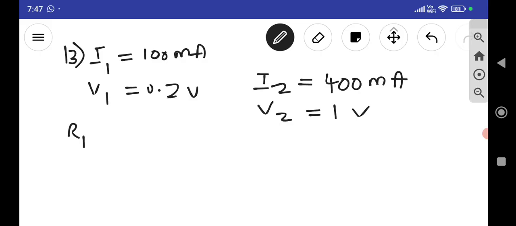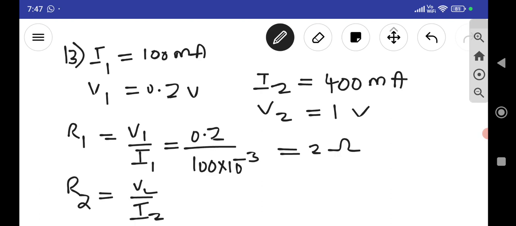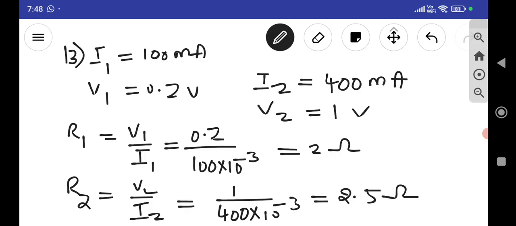So R1 is equal to V1 by I1, which is equal to 0.2 by 100 into 10 to the power of minus 3. So here you are going to get 2 ohm. R2 you take V2 by I2, which is equal to 1 by 400 into 10 to the power of minus 3. So nothing but 2.5 ohms.